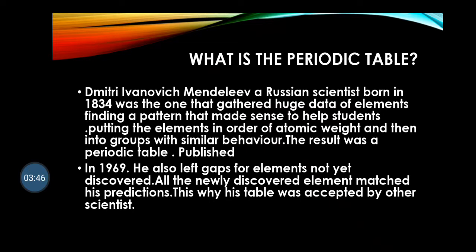He looked at the atomic weights and the atomic numbers, and was able to publish it. He also predicted the behavior of some elements, which at the end of the day came out to be true. As you discover elements, they slot into the periodic table.